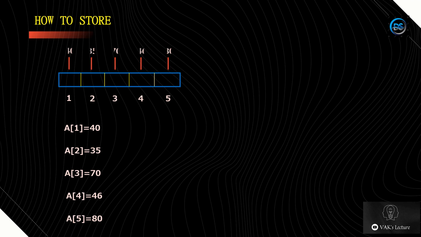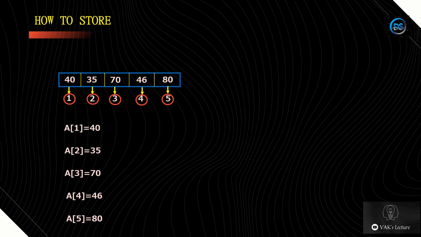Now let us put the value 40 in A of 1, 35 in A of 2, 70 in A of 3, 46 in A of 4, and 80 in A of 5. You just have to remember that the position of every element is determined by its index number. What is the index number here? The index number of the first element is 1, the second element is 2, third is 3, fourth is 4, and fifth is 5.